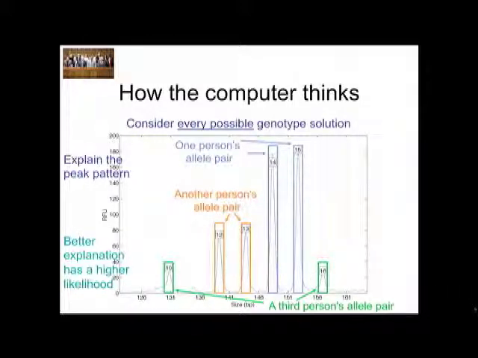That's an allele pair. What the computer does is make this comparison. This particular pattern with these quantities of allele pair genotypes from these three individuals really explains the data well, and so it has a higher likelihood, and that confers higher probability to each of these three contributor genotypes, the 14-15, the 12-13, and the 10-16.